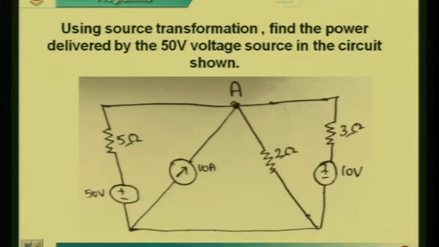Using source transformation, find the power delivered by the 50 volt voltage source in the circuit shown.